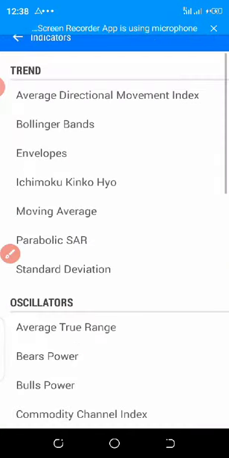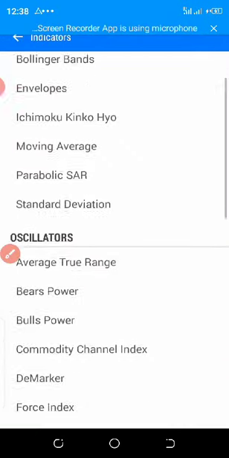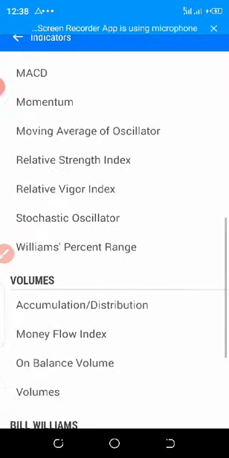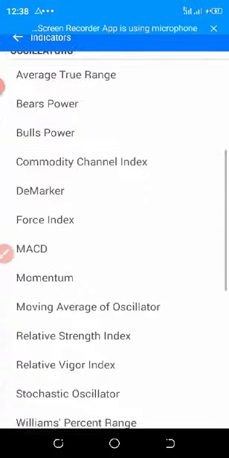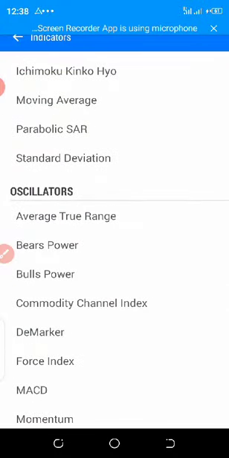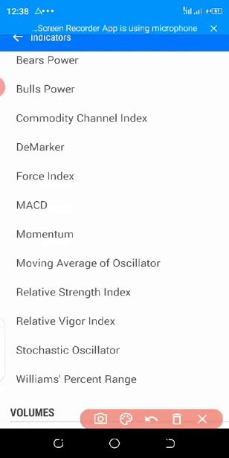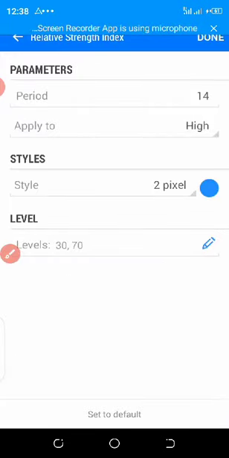Click this one. Look for an indicator called RSI, Relative Strength Index. This is what we are using. You click on it.